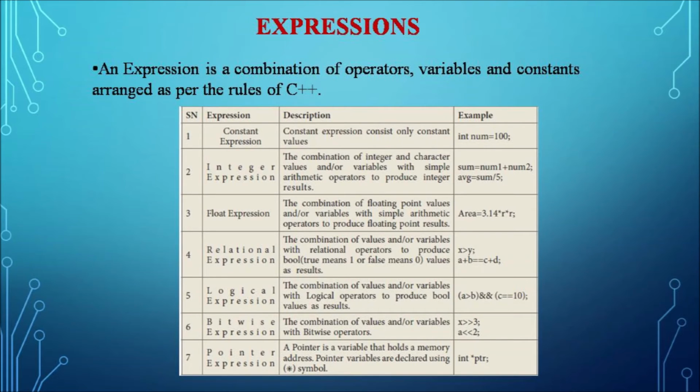Next you see integer expression. It is a combination of integer and character values, and variables also. It is not compulsory to have only values directly. It can also have another variable, with simple arithmetic operations. Here you see sum is a variable, equal to is an operator.